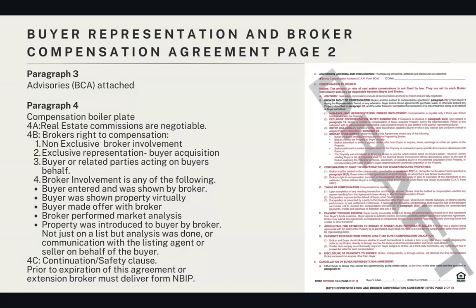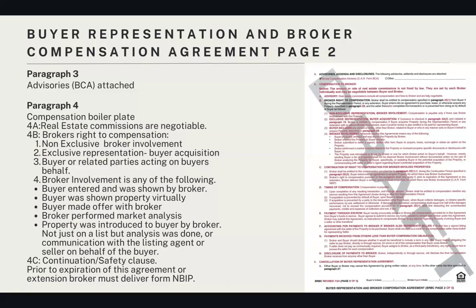The compensation to the buyer's broker is also effective if the buyer or related parties acting on the buyer's behalf actually purchase.